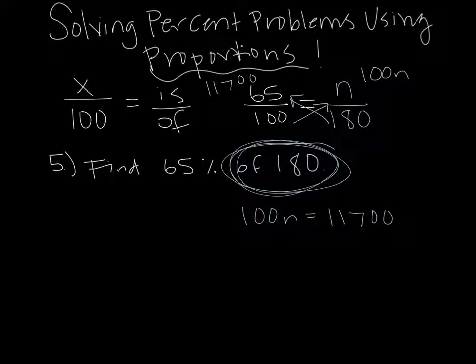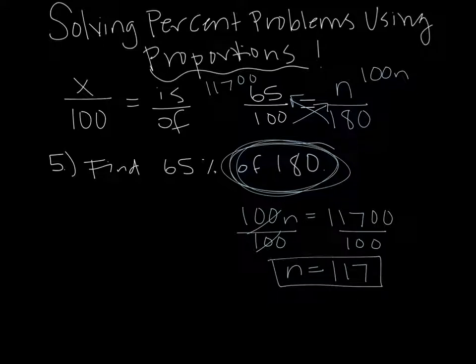Looks so scary, but you just divide by 100 to get rid of the 100. n equals, you can do that on your calculator, and it's 117. What does that mean? Well, if I got 65% of my test right, and there were 180 questions, that would mean 117 questions were right.